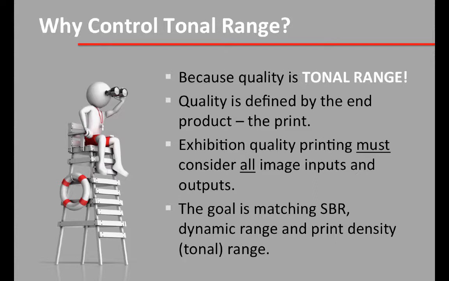The goal generally is to match the subject brightness range, the dynamic range of the camera, and the print density or tonal range of the print itself. That's kind of the end goal. If you match those 3 elements, you're going to get a good quality print.